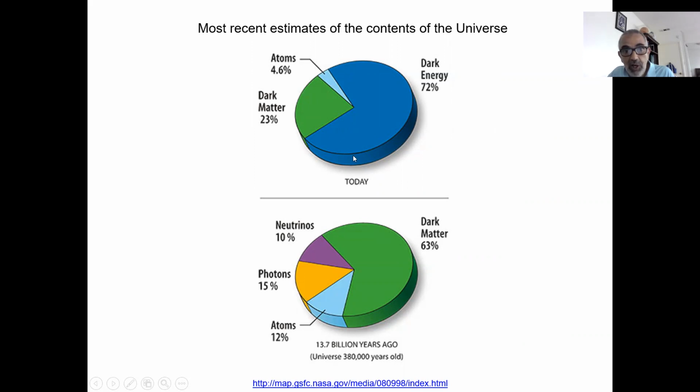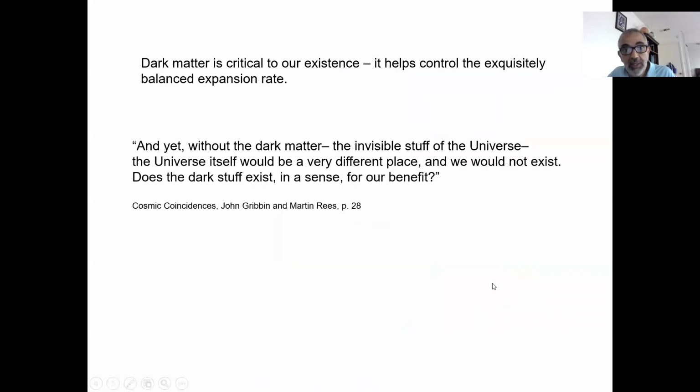Today, as the universe has evolved, dark matter is 23%, all ordinary matter is about 4.6%, and dark energy, this mysterious substance hypothesized to make the universe expand at an accelerating rate, a recent discovery in the late 90s, is about 72%. So why these things exist, it is unknown, but they are critical to our existence.